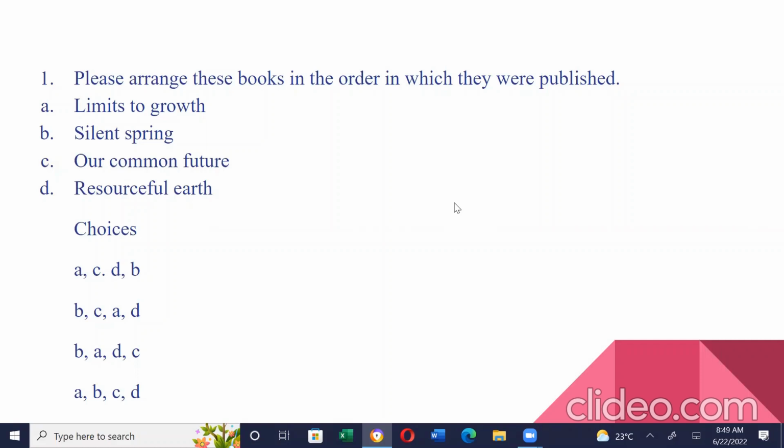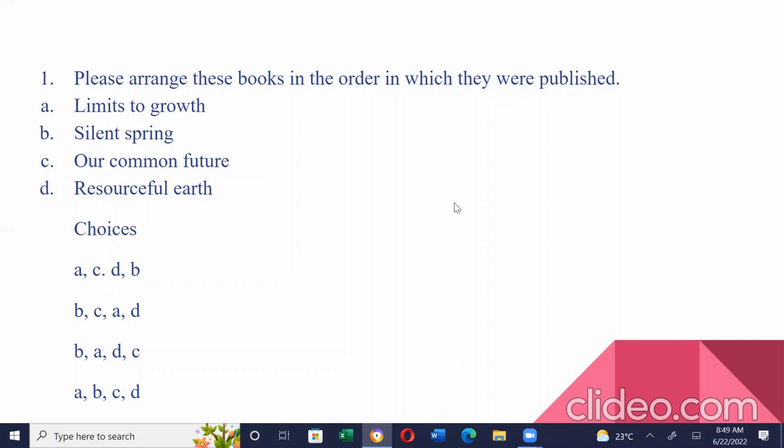Our Common Future, we all know it was a report published by the World Commission on Environment and Development in the year 1987. And Resourceful Earth was published in the year 1984. And it emphasized inventing substitutes to limited resources. So the choices are ACDB, BCAD, BADC, and ABCD.